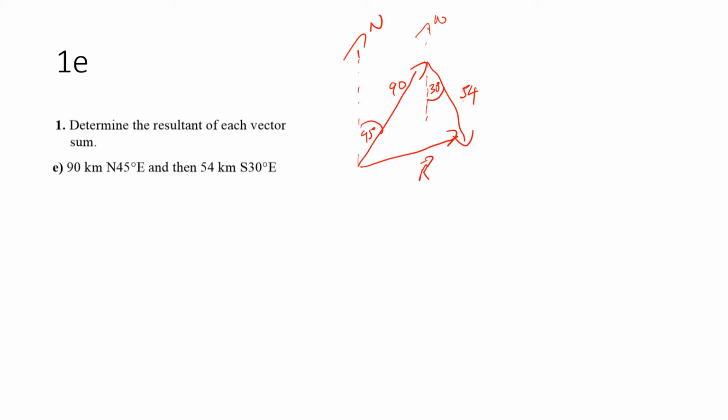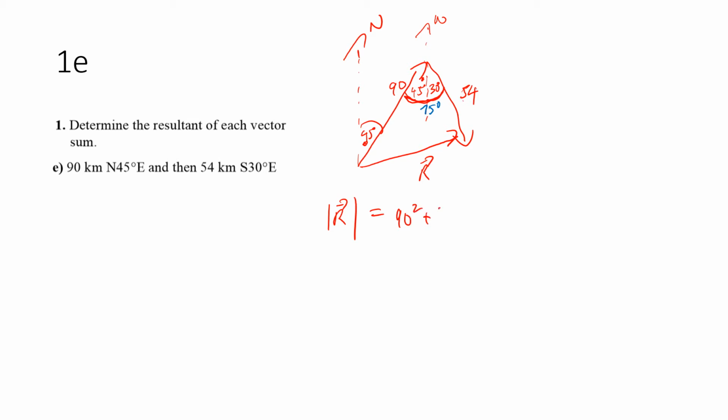All right, so we have to find out what this angle is right here. If you recall your angle properties, we have alternate angles right here. So if this is 45 degrees, so is this. So this right here is also 45 degrees, which means this whole angle would be 75 degrees, right? 45 plus 30. So we can use the cosine law to solve for the magnitude of the resultant.